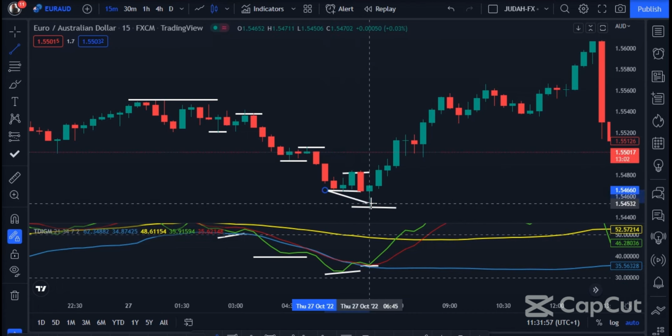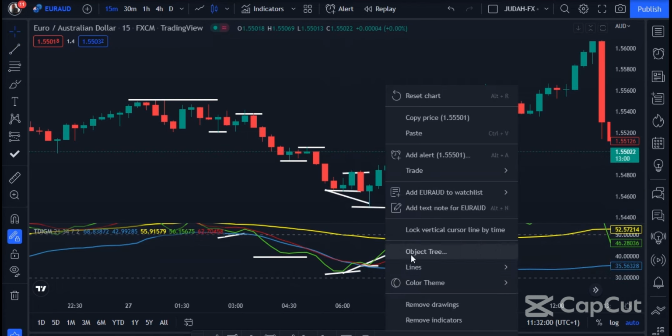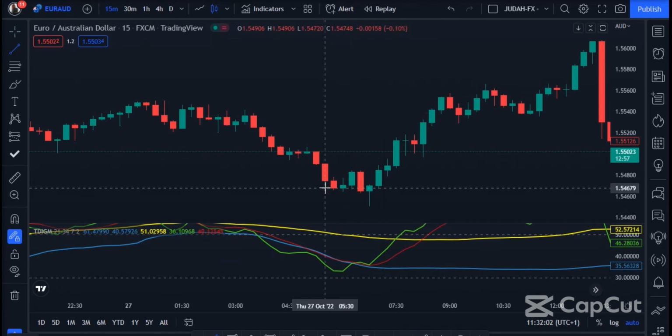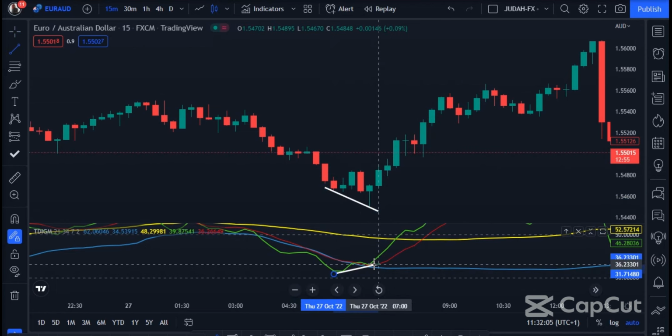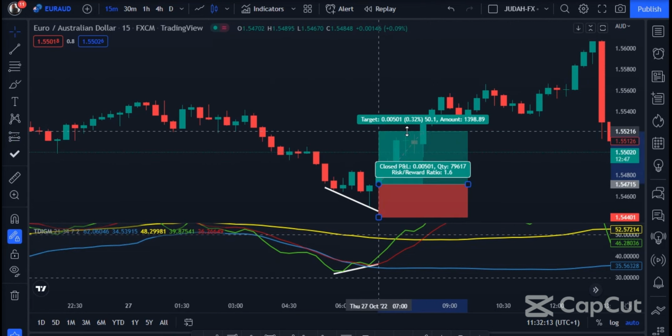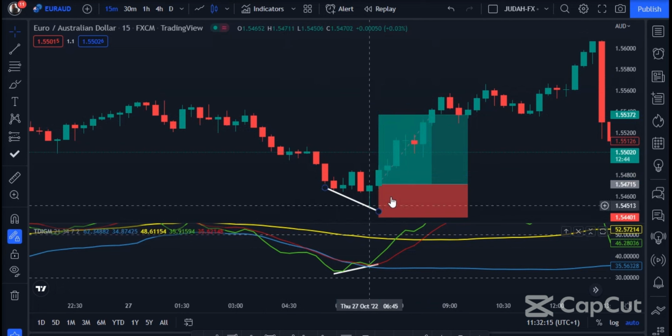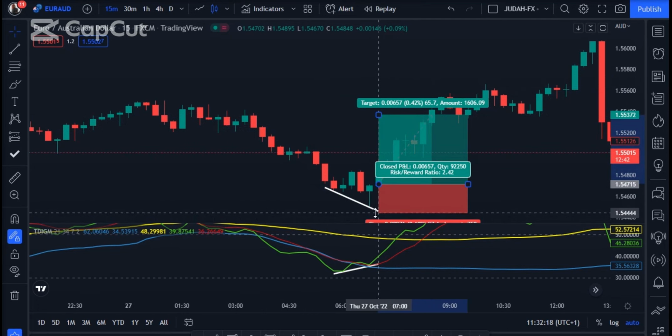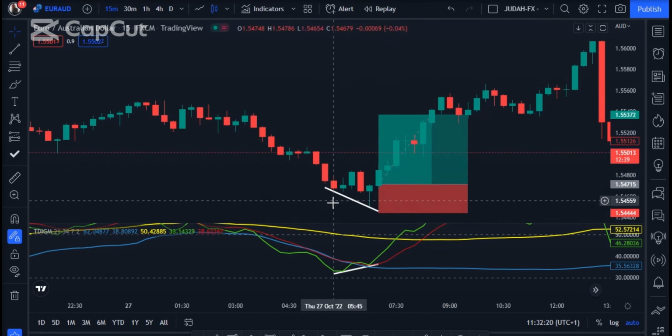So that is your divergence. You draw a line like this to signify the divergence, and then you look for a candlestick confirmation, like a hammer. Then put your stop loss below the low and take the trade.